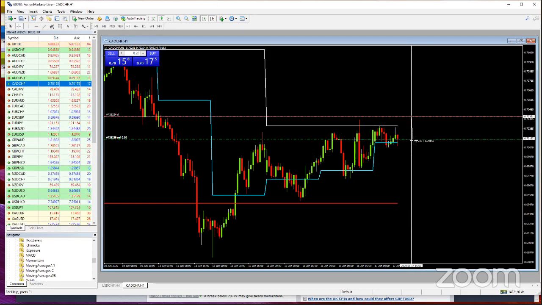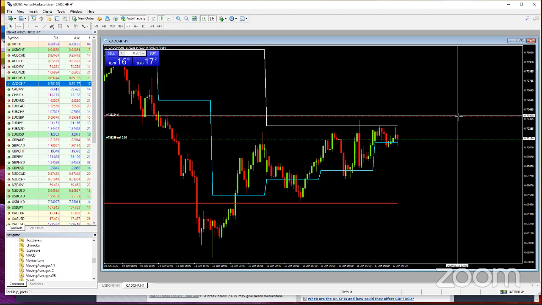So it's a 25 pip stop loss, let's call it. My stops are at 0.704, which I'll write up for you here.